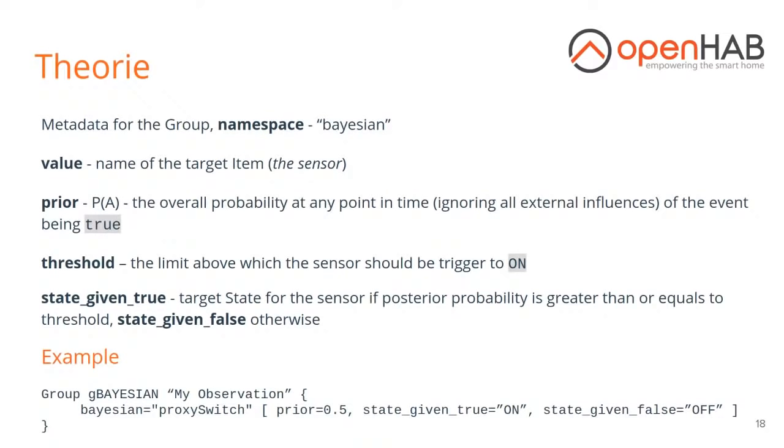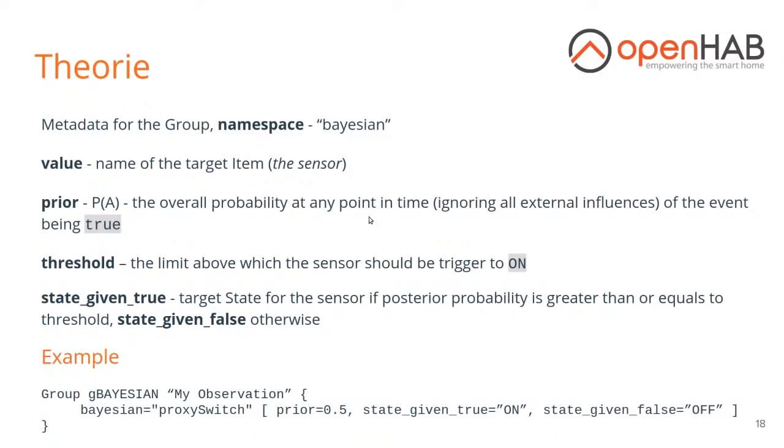For my example, it's proxy switch. We have a prior, the P(A), so the overall probability at any point in time of the event being true. This is something we have to estimate before.